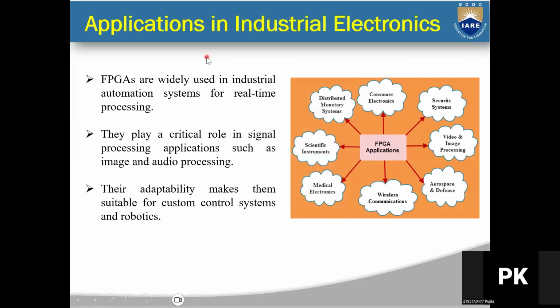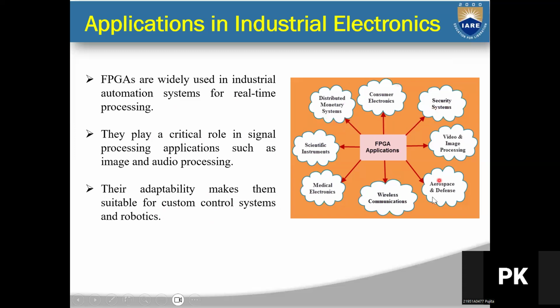So how is it used in industrial electronics? Let us see what are the applications in industrial electronics. FPGAs are widely used in industrial automation systems for real-time processing. They play a very crucial role in signal processing applications such as image and audio processing. Their adaptability makes them very suitable for custom control systems and robots.